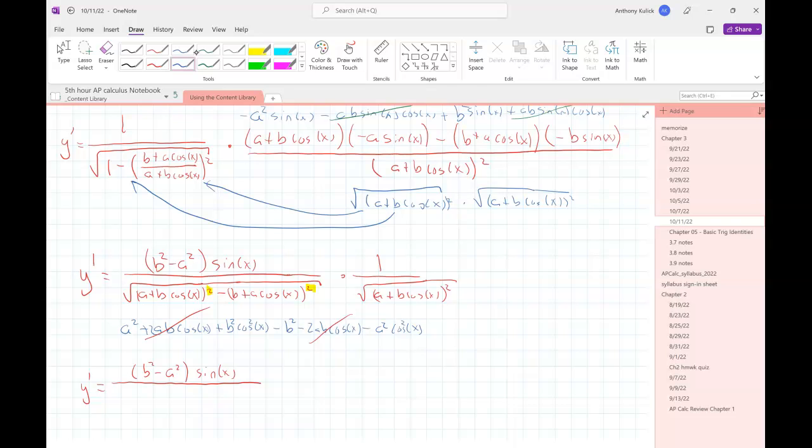Sophia, what's up? So does this square root sign still exist? That square root? Yes, in the denominator, that's still there. So what do we have left under there? We have a squared minus b squared. Let's actually do this, because that's probably going to make it a little easier. Okay.